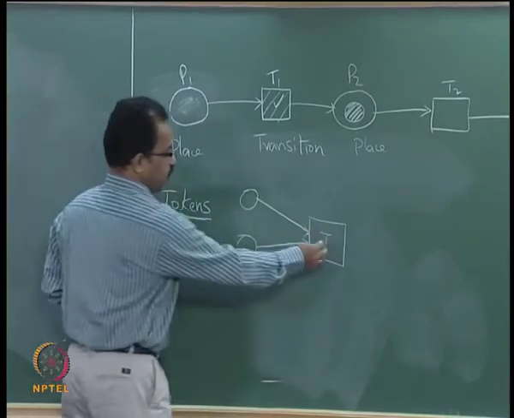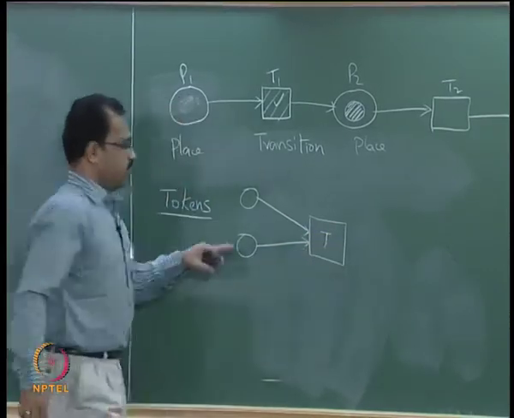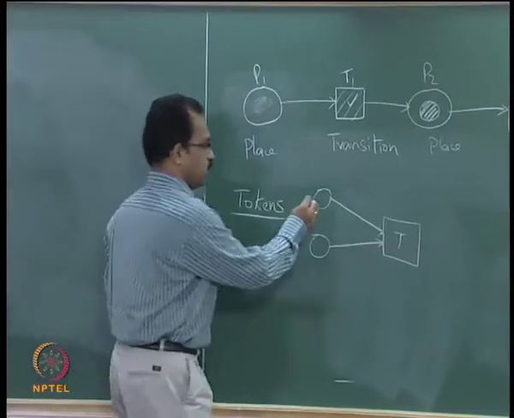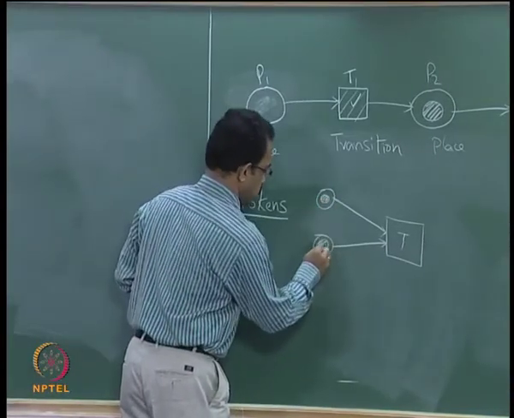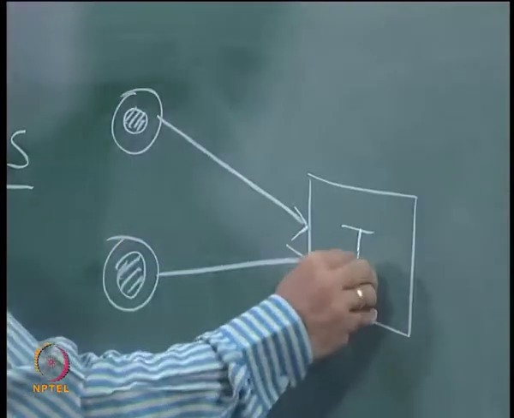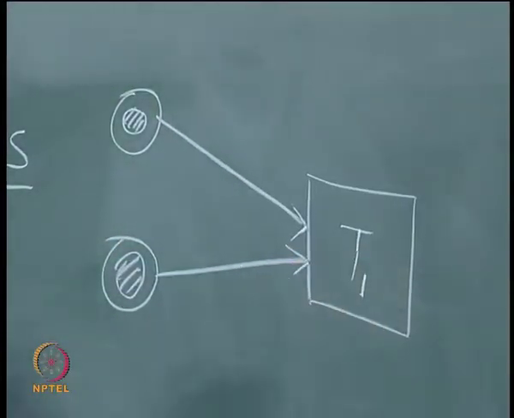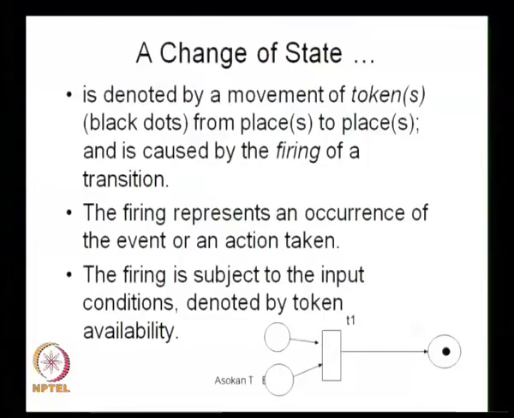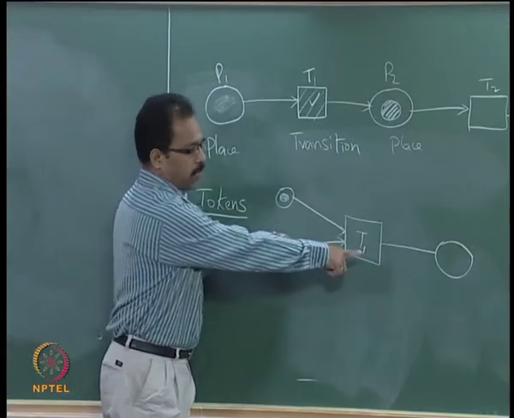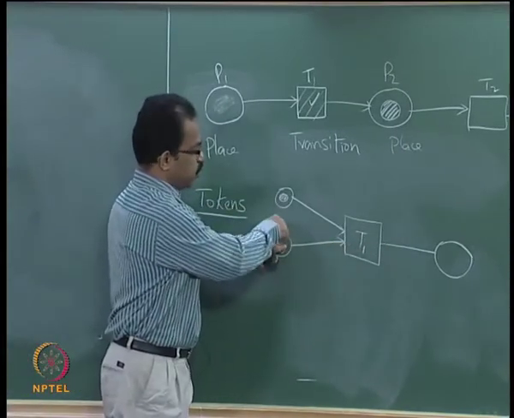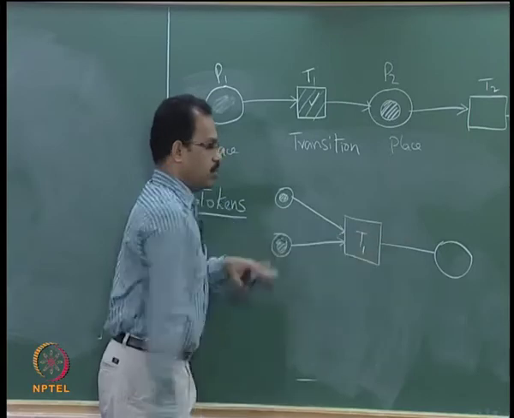The firing is subject to the status of these places. If there is a token in both these places, then only this transition can take place. If there is only one token, then this transition cannot take place. That means both conditions need to be satisfied for this transition to take place.